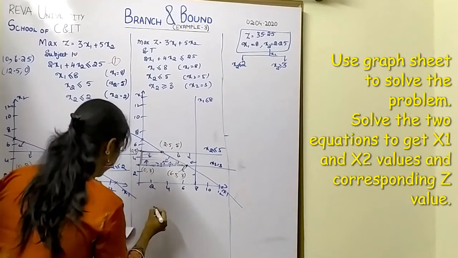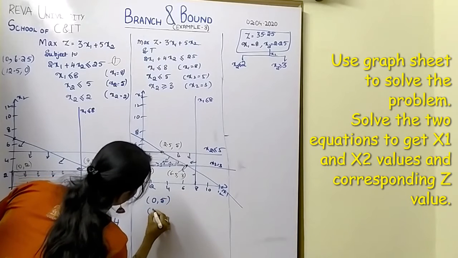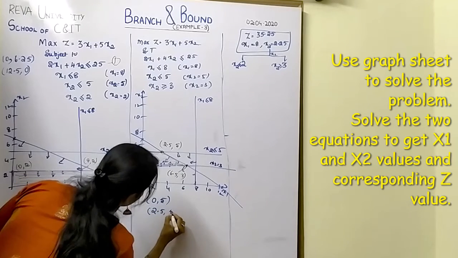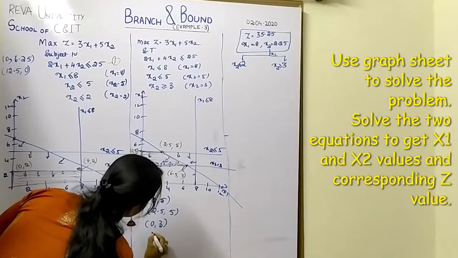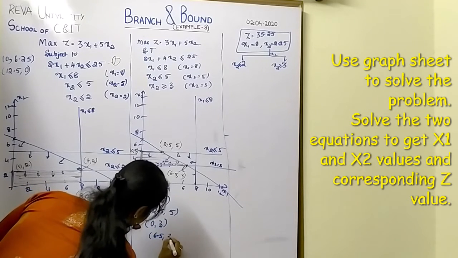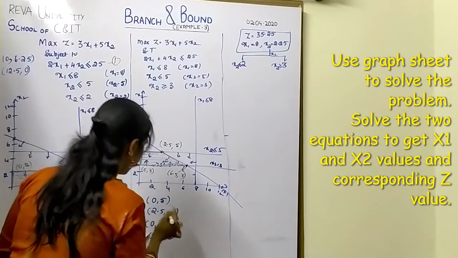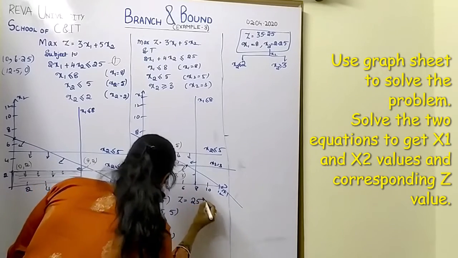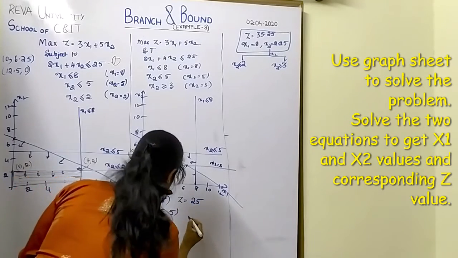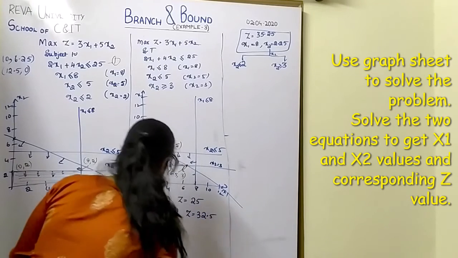And here for (0, 5), (2.5, 5), (0, 3), (6.5, 3). So you will get, for (0, 5), z value equal to 25, and for (2.5, 5), z value will be equal to 32.5.